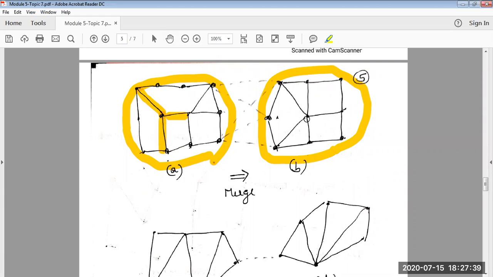Okay. Similar nature you can observe even in cluster B. You take any data point. Each and every data point has a minimum of three edges, three to four edges.